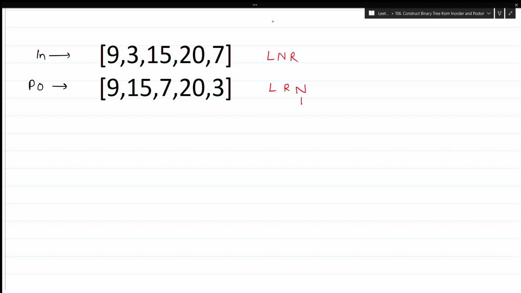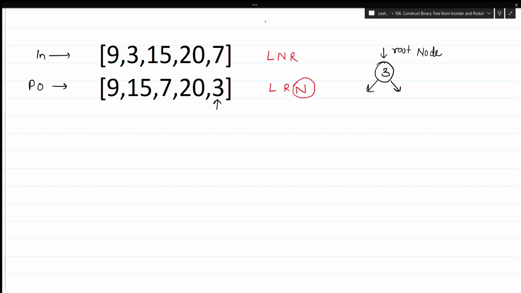What I am observing here is that the last index of the postorder will always contain my root node. So I can blindly say this is my root node, and it contains a left child and a right child.